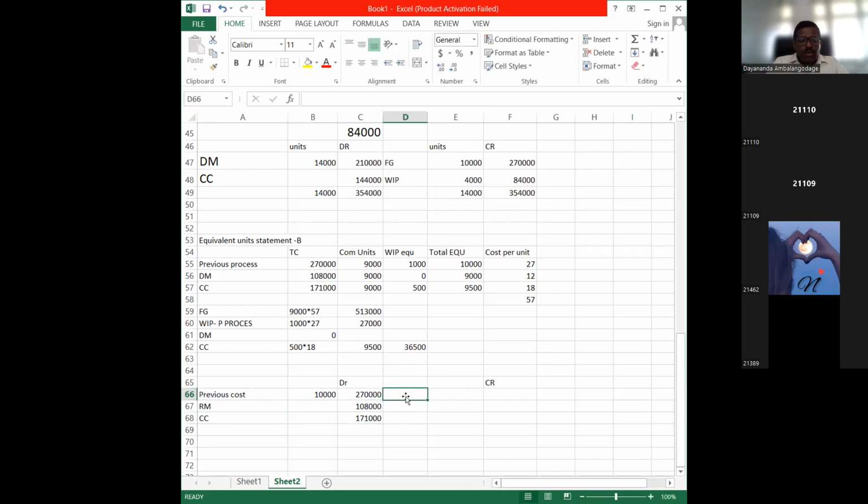And you can take the finished goods here from process B. As per the question, process B finished goods is 9,000, and the value is 513. We have done the valuation. And of course WIP, you can take the WIP is 1,000, and the value is 36,500.